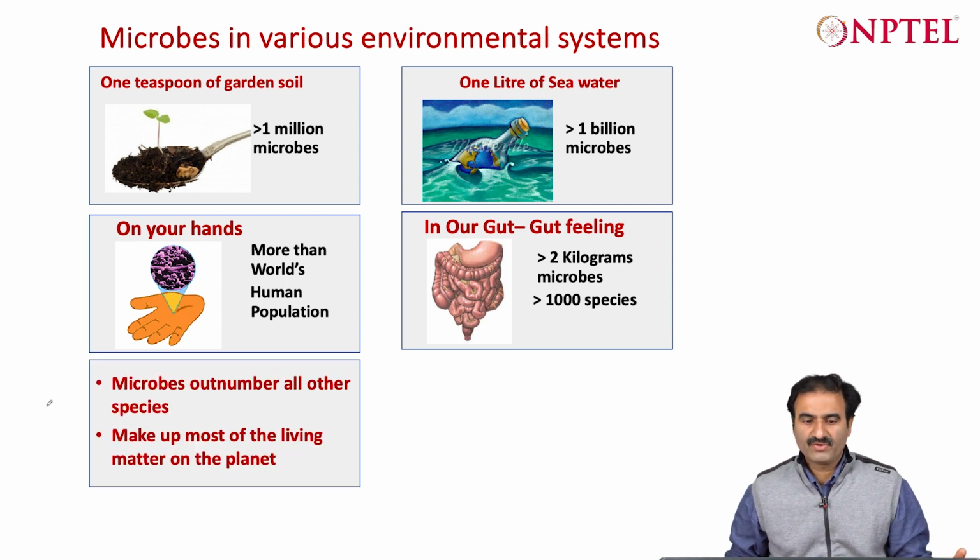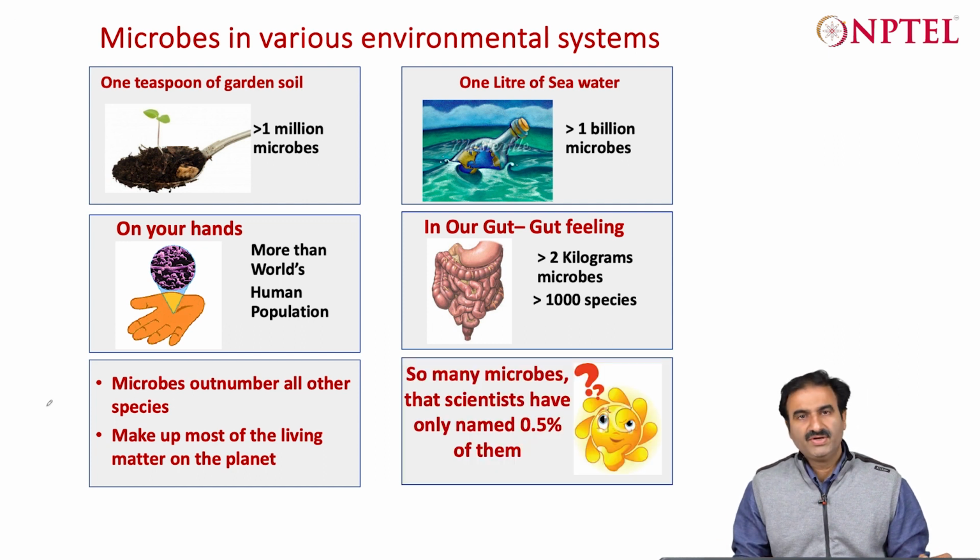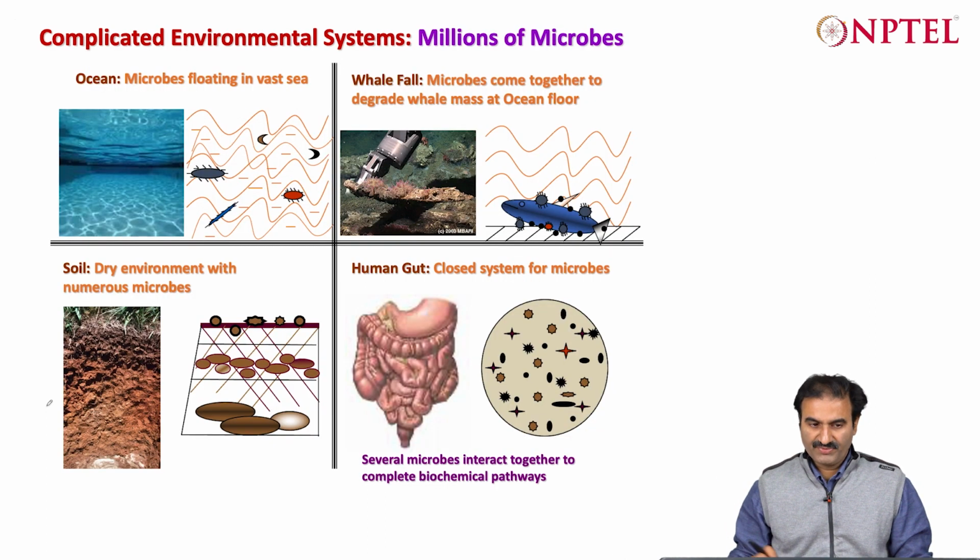So it's a very complex system, and in fact microbes outnumber all the other species that exist on this planet, and there are so many that we could actually name only a small fraction of them. So to address, understand and identify these, we need metagenomic approaches.